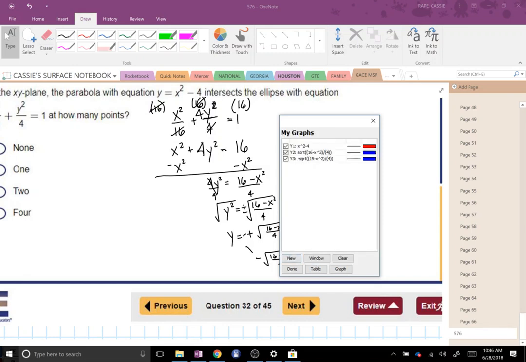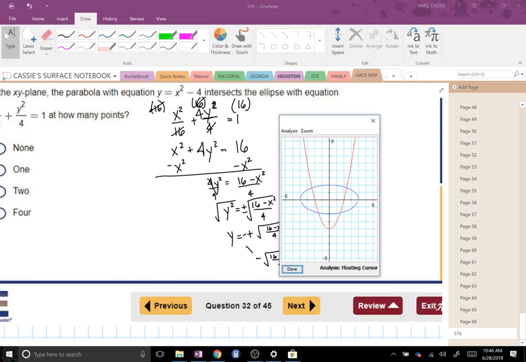There we go. Now if you look at this graph, right at the edges you can sort of see that they're different functions, but it's close enough so you can see how many intersections there are, and in this case you can see there are 4. So that answer, by the way, is D.